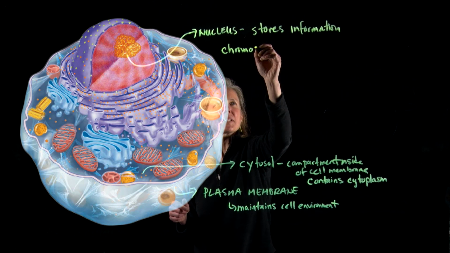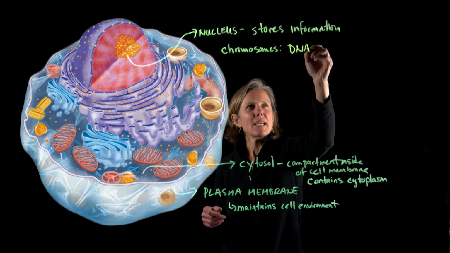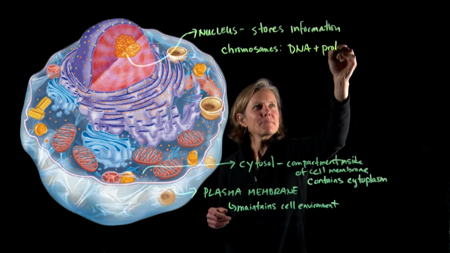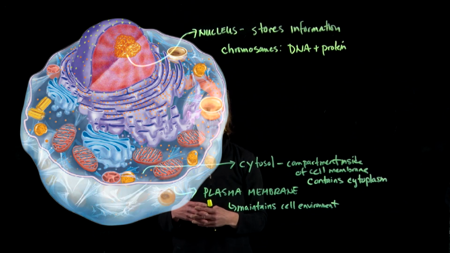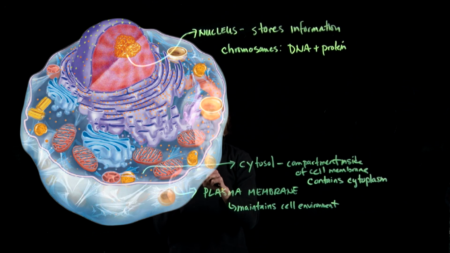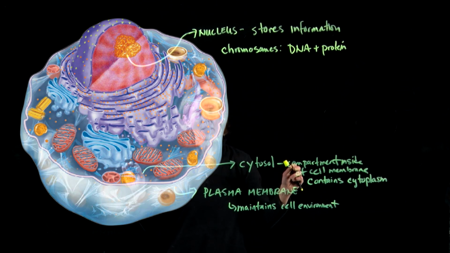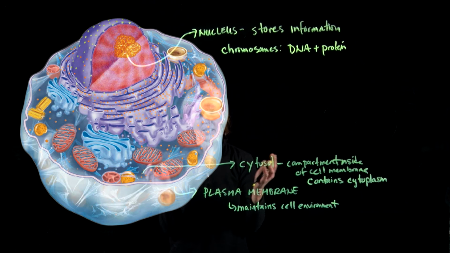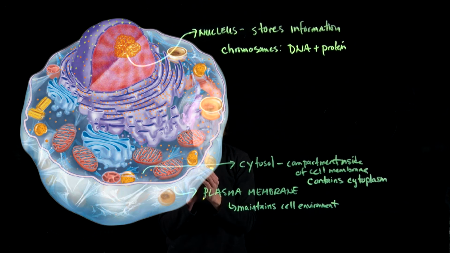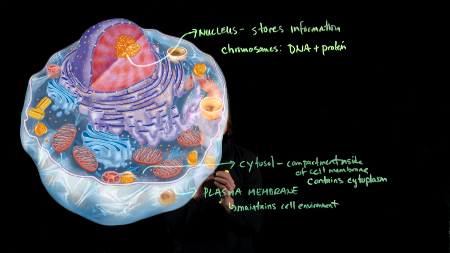These are structures that are composed of both DNA and protein. Typically, in a cell, you can't see the chromosomes because they are these very thin, thread-like structures. Only as cells are getting ready to divide and those chromosomes become condensed can we actually visualize the chromosomes.